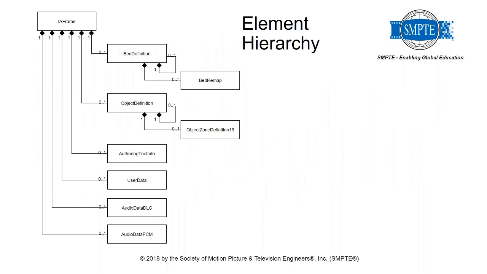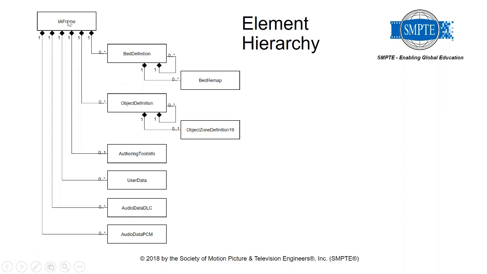Okay, so let's take a look at element hierarchy. This gets back to the logical view of the bitstream. This is basically a UML diagram, for those of you that are familiar with that, which shows how certain objects are composed of other data objects.